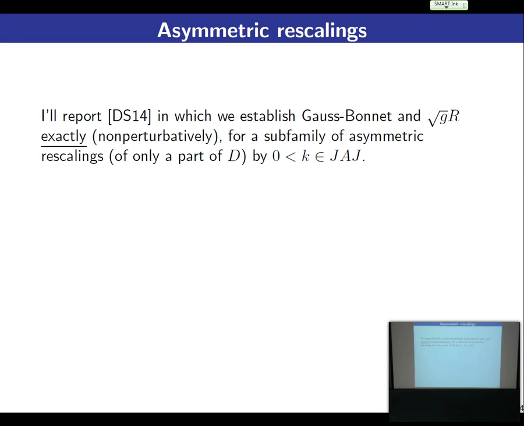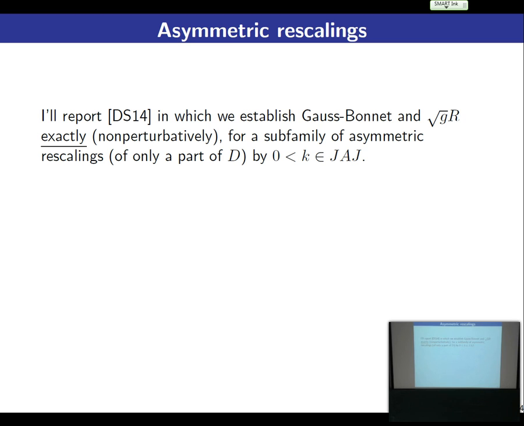And I will now report on another paper, a fresh preprint on the arXiv, in which we again establish the Gauss-Bonnet theorem and compute this combination, the quantum analog of this square root determinant of G, exactly this time, not perturbatively, but for a subfamily of perturbations. Differently from the conformal rescalings, we do this in an asymmetric way.